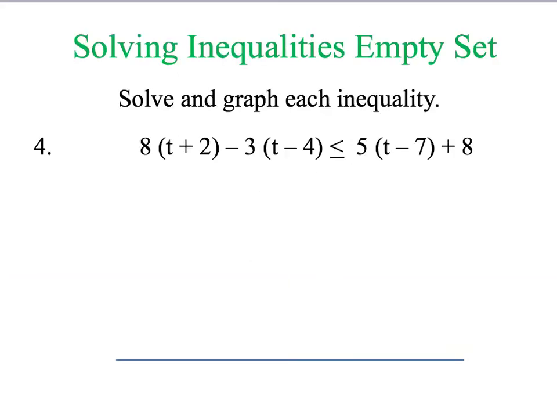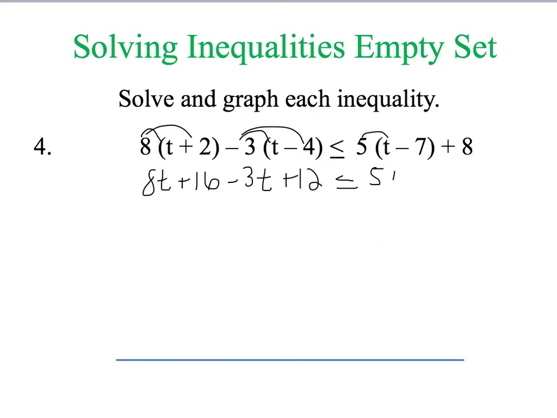Okay, so this one is what we call an empty set. Okay, and so you'll see what the difference looks like here. So I first need to distribute: 8t plus 16 minus 3t plus 12 is less than or equal to 5t minus 35 and then plus 8.